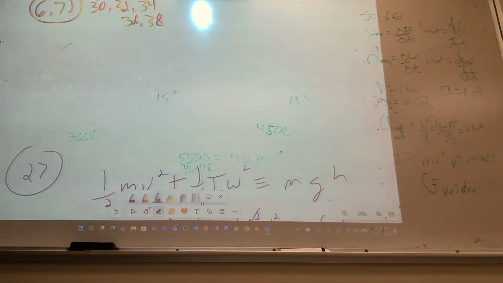It's rolling up the hill without slipping, so that means it's only static friction, no kinetic friction. A thin-walled hollow sphere, so you're using that shape. They're asking you omega at the bottom of the hill.